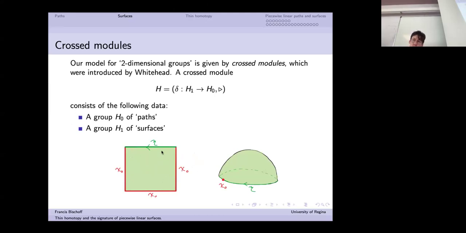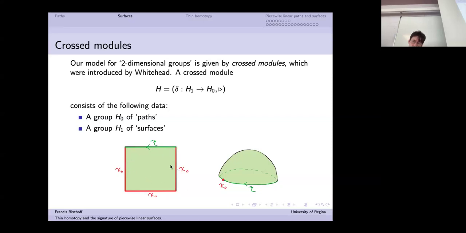So they're maps from a square into my codomain, with the property that three of the sides get sent to a point, right? So only one of the sides is allowed to be non-trivial. So I've illustrated this in this picture that the boundary of this disk, or of this surface, is just coming from this top edge of the square, and then all the rest gets collapsed to a base point x0.